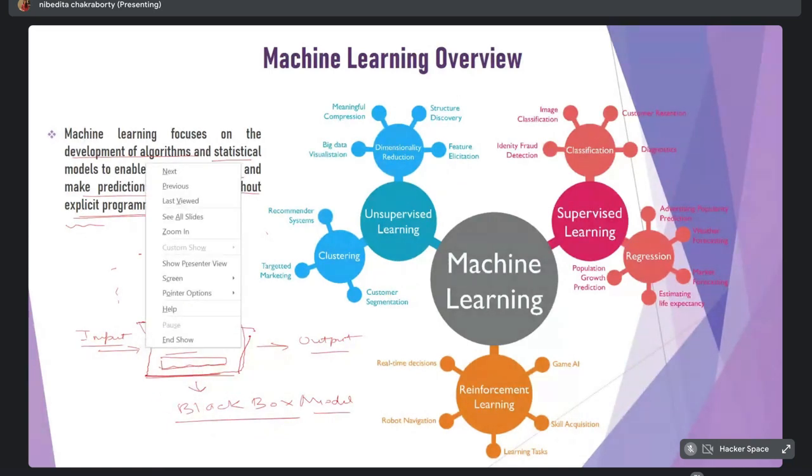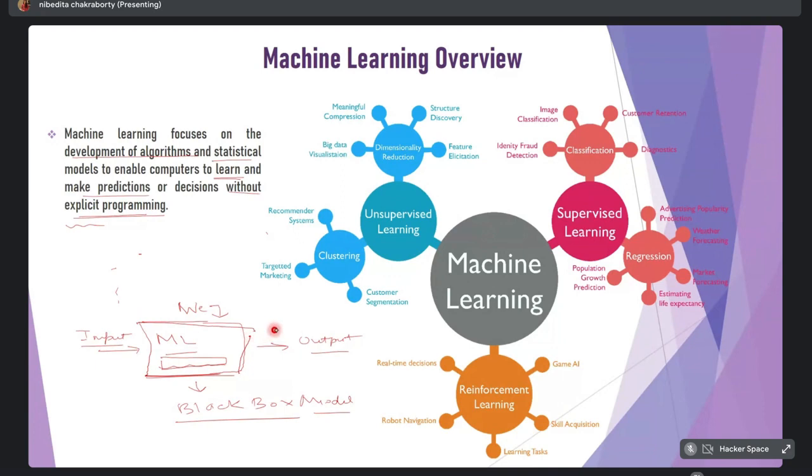We cannot define it as x plus y equals z. That is why we do not know what machine learning is doing inside. We only know that the input and output match. Therefore we call it a black box. Black box means we cannot see what is inside.